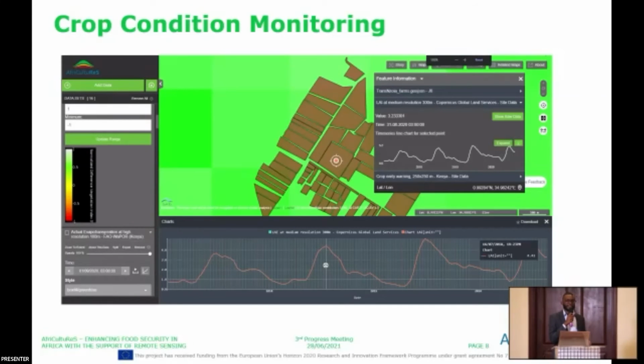For those who want to do, let's say, agricultural insurance, this is information that they can use, and also for those who are planning in terms of importation. Sometimes there's just crop failure, let's say because of prolonged drought or a shortage in rainfall that was unforeseen.